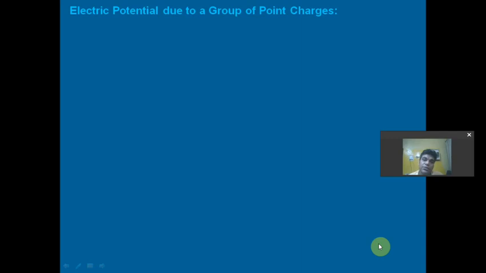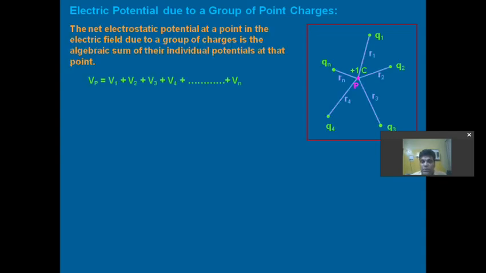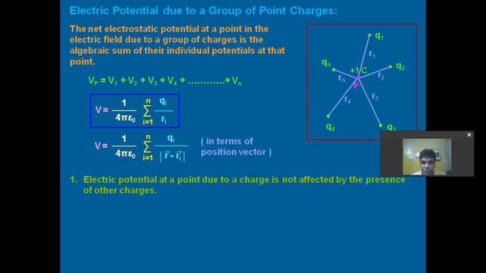Next we come to the electrical potential due to a group of point charges. Now we have different point charges, say we have to derive all the potentials. First of all, we will derive the potential due to a single charge. Then at point P we have to calculate the electrical potential.